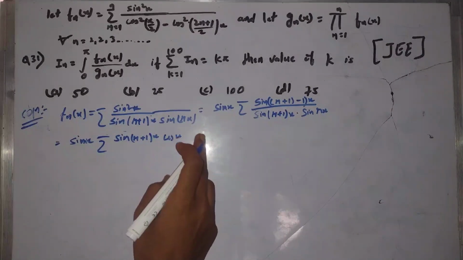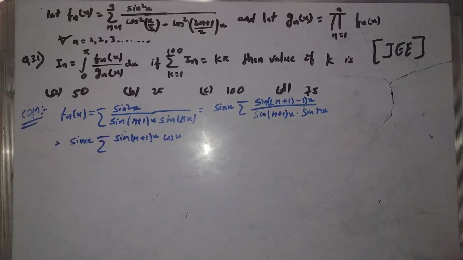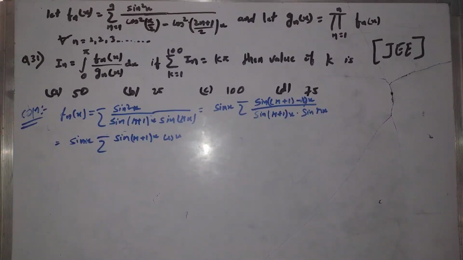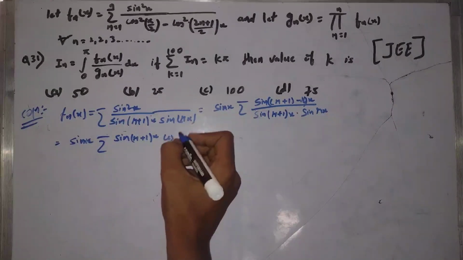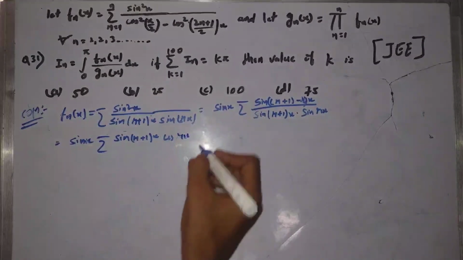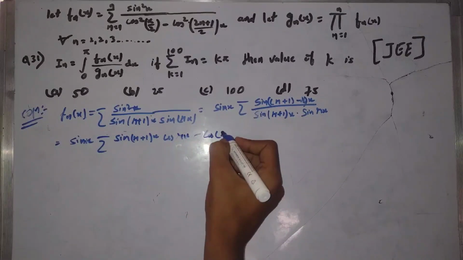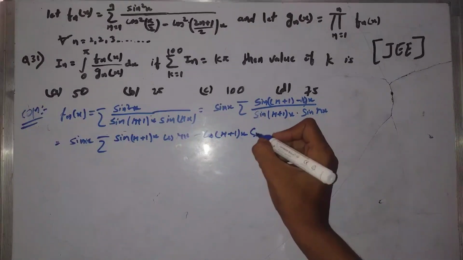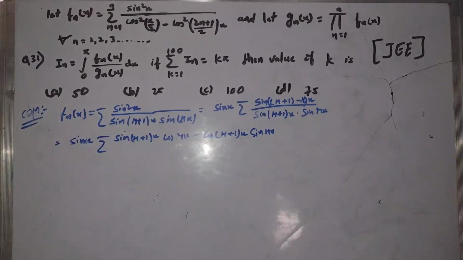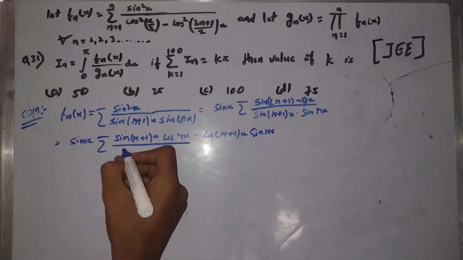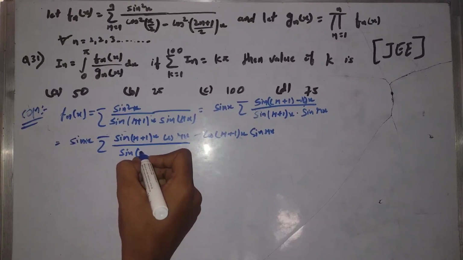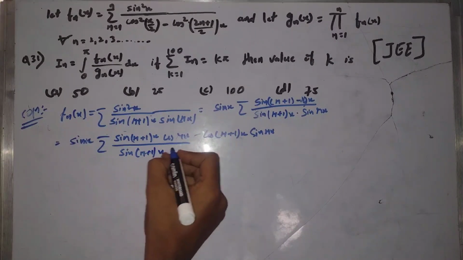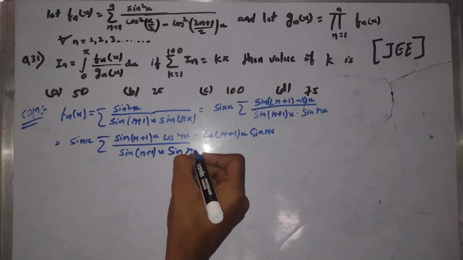cos, sorry, this is actually r, I'm so sorry, this is actually r. Only then r and r will be cancelled, so this will be cos rx, minus cos (r plus 1)x into sin rx, and in the denominator we have sin (r plus 1)x into sin rx.